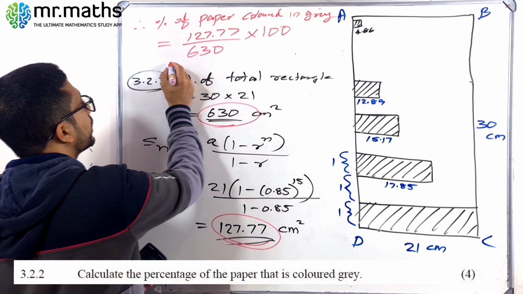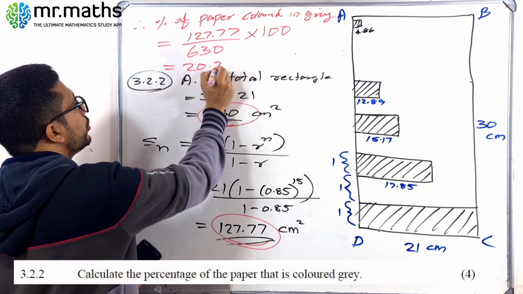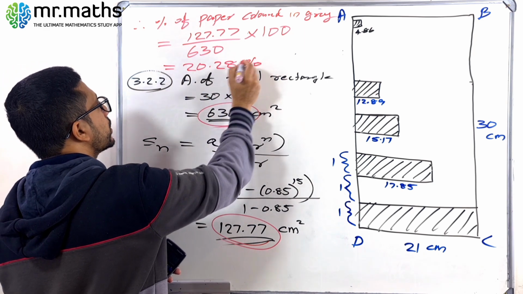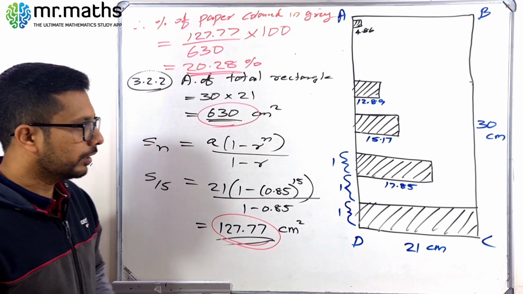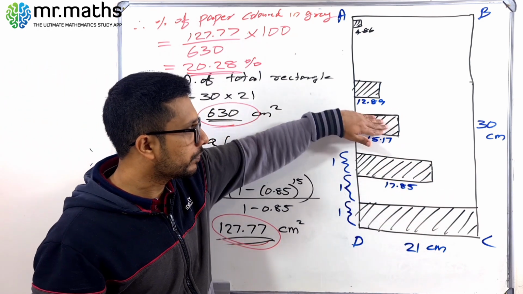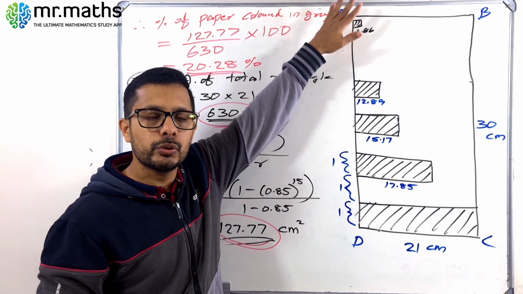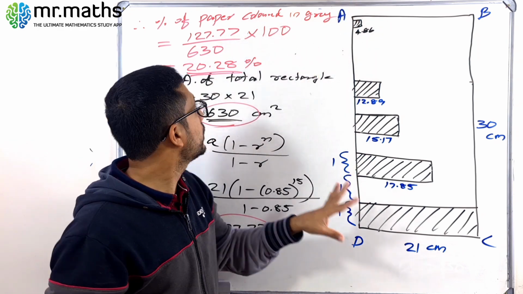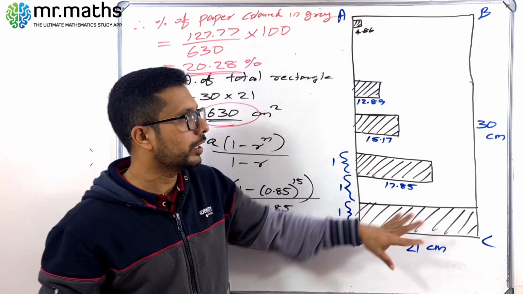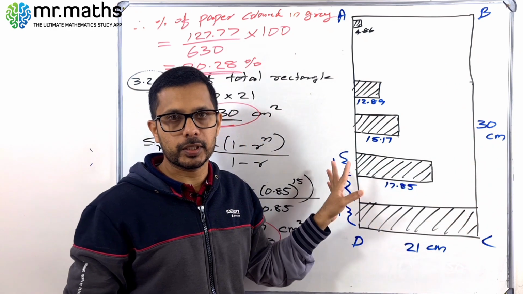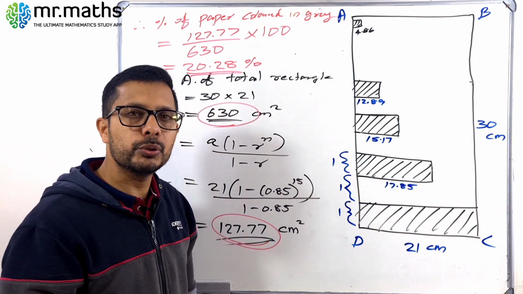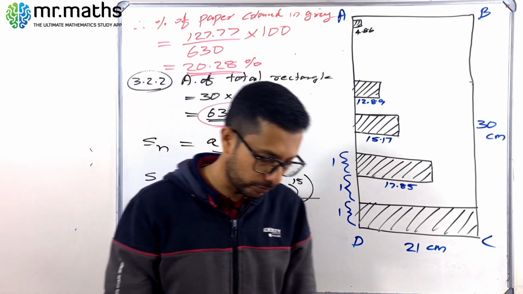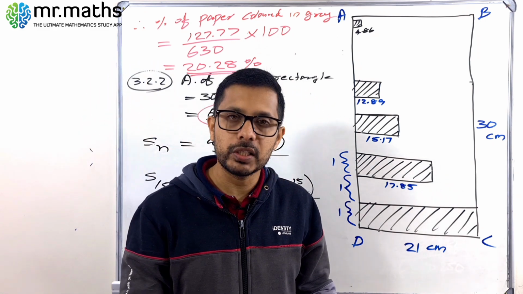So it means that 20.28 percent is colored in gray. That means the sum of all these 15 rectangles is 20.28 percent of the total paper. You understand? So that is question number 3.2.2, and that is the end of the November 2016 question paper.